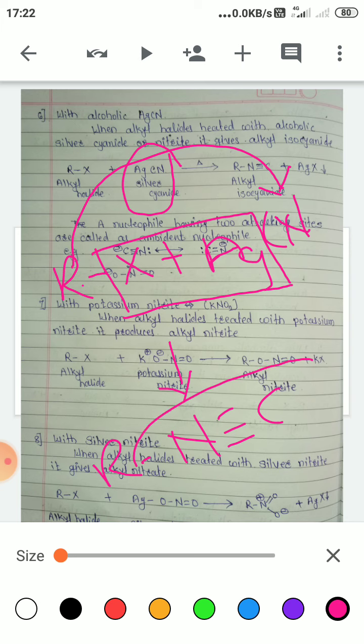And when the alkyl group or carbon atom is attached to the nitrogen atom of the cyanide group, or C triple bond N, then such compounds are called alkyl isocyanides.